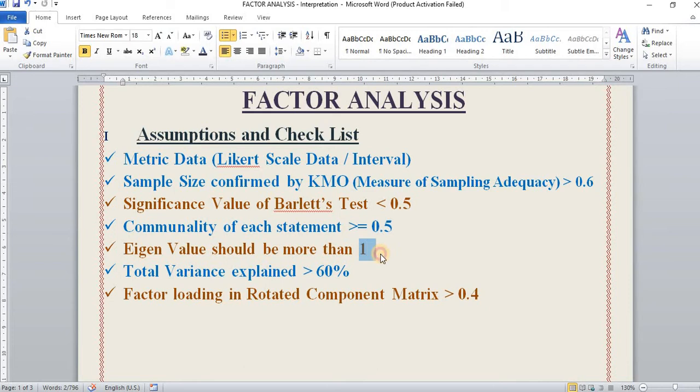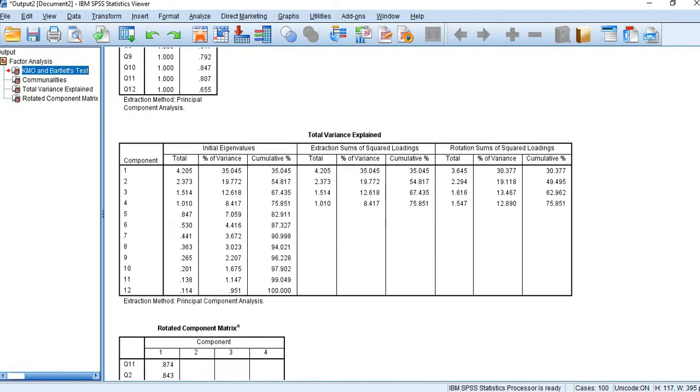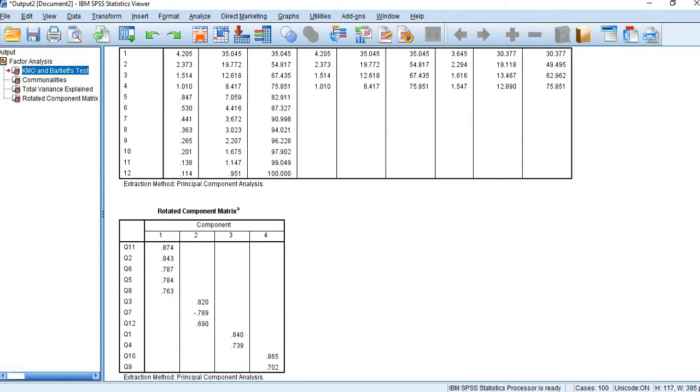And the next is eigenvalue should be more than 1. There are 4 factors extracted. First factor's eigenvalue is 4.2, second factor 2.3, third 1.5, fourth is 1.0. So all factors have an eigenvalue of more than 1.